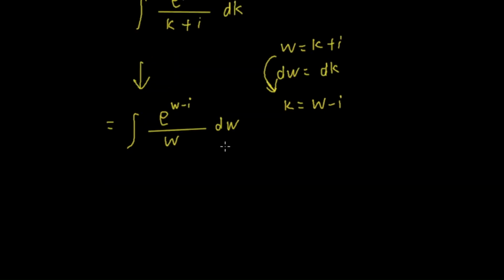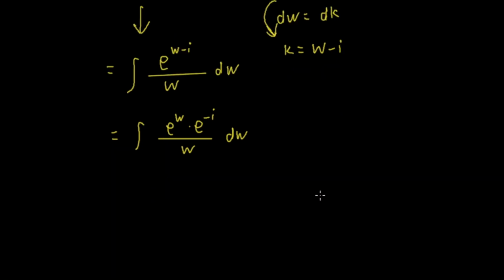Using the property of exponential, I can rewrite this as e to the w times e to the negative i over w dw. Now, this is a number, I can bring it out of the integral sign.